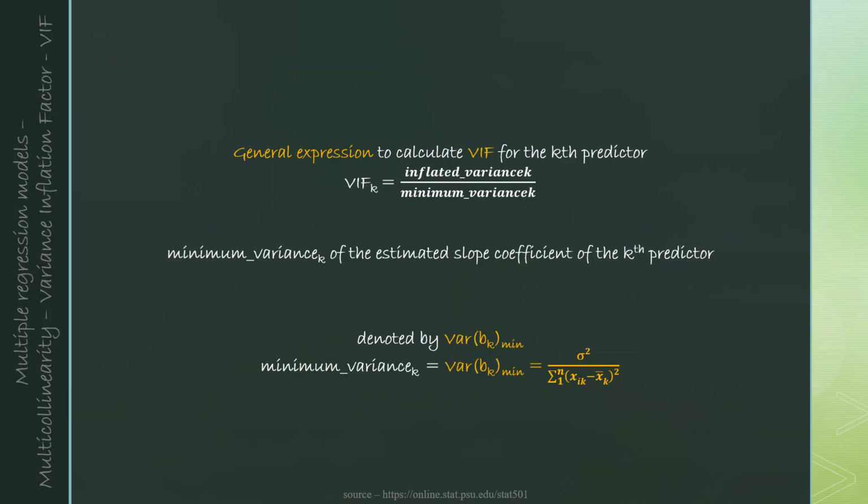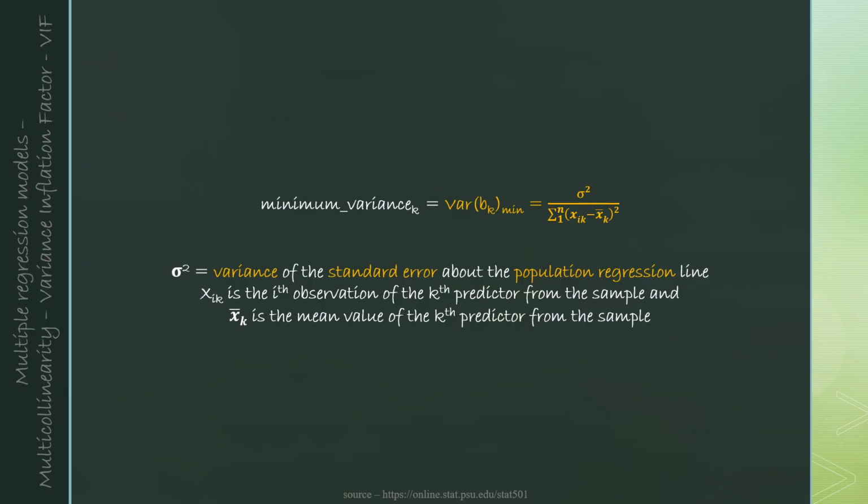Denoted by Var(bk min), it is given by Var(bk min) equals sigma square divided by the sum from 1 to n of (xik minus mean of xk) the whole square, where sigma square is the variance of the standard error about the population regression line, which actually is unknown, and xik is the ith observation of the kth predictor from the sample, and xk bar is the mean value of the kth predictor from the sample.